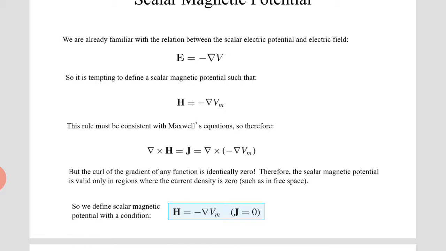Therefore the scalar magnetic potential is valid in the regions where the current density is 0, such as in free space. So we define the scalar magnetic potential with a condition, that is H is equal to minus del Vm, under the condition that J is equal to 0.